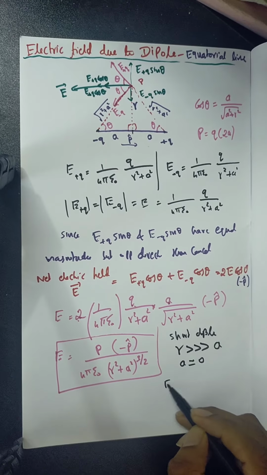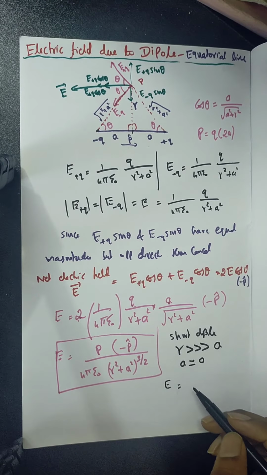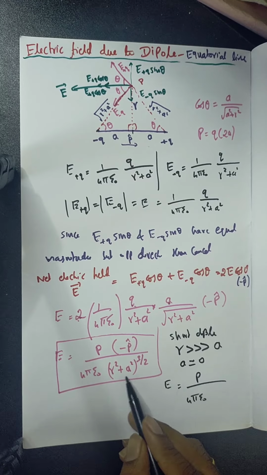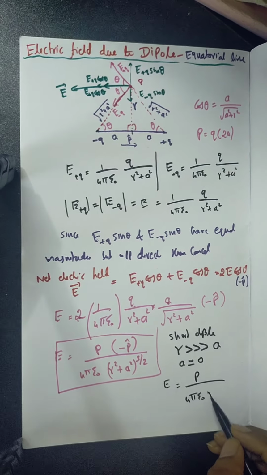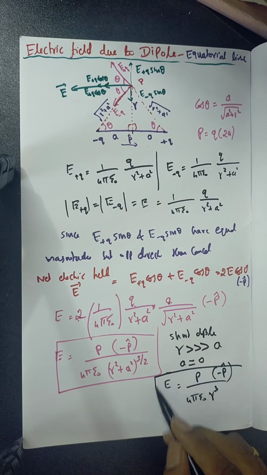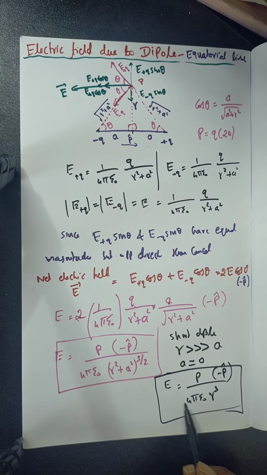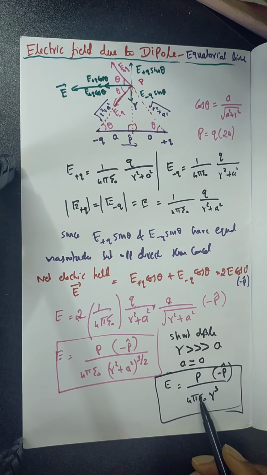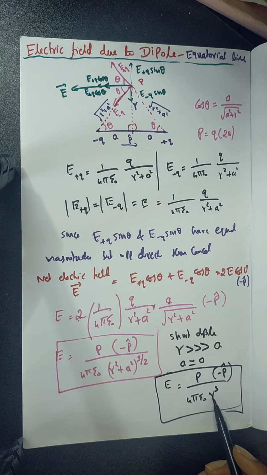So the total electric field due to a short dipole is equal to p by 4 pi epsilon naught, and this becomes 0. r to the power 2 to the power half, that means r cube. So that is minus p cap. So this is an expression for the electric field due to a short dipole. Again, in the case of a short dipole, the electric field varies inversely with the cube of the distance.